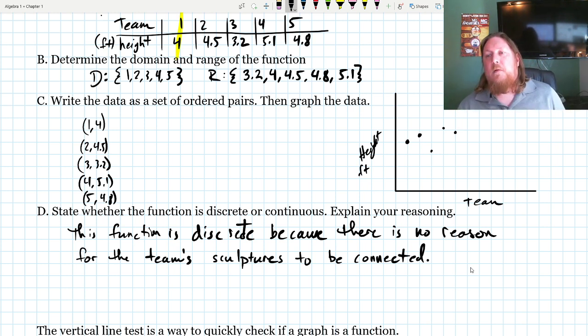All right. So there's no reason for a line to connect between those two things.